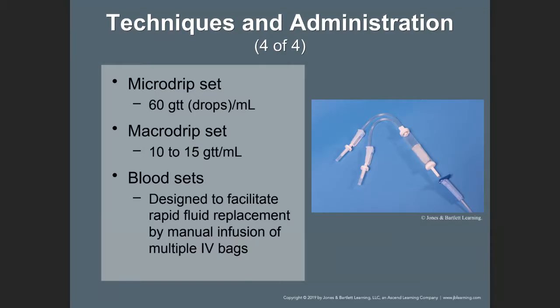To know how many seconds that would be, you take the number for the drip set and you have 60 seconds, you divide the 60 seconds by the drip set, and it will give you how many seconds it takes. Now, blood sets are designed to facilitate rapid fluid replacement by manual infusion of multiple IV bags. And as it states, blood sets are used really for blood infusion.